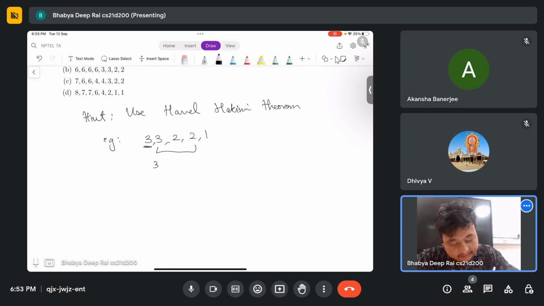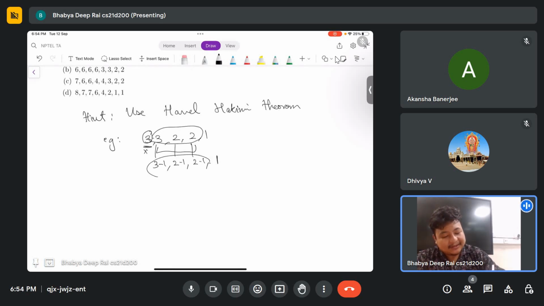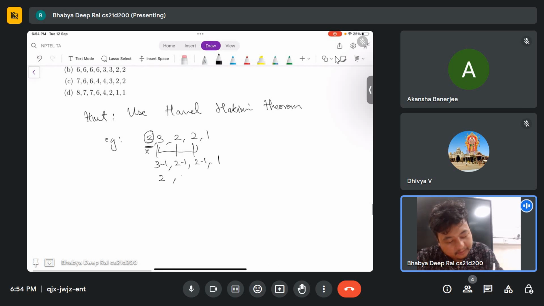Remove this, and to this do 3 minus 1, to this do 2 minus 1, and to this do 2 minus 1, and leave this 1 as is, because since this was 3, I just want to work with the next 3 elements. Which is nothing but 2, 1, 1, 1.